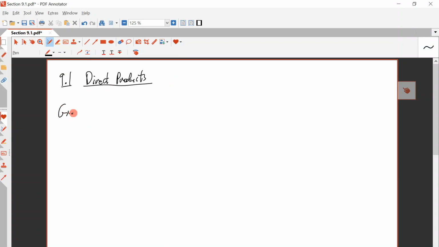So given groups G and H, we'll say both multiplicative. I mean, you can have them additive too.